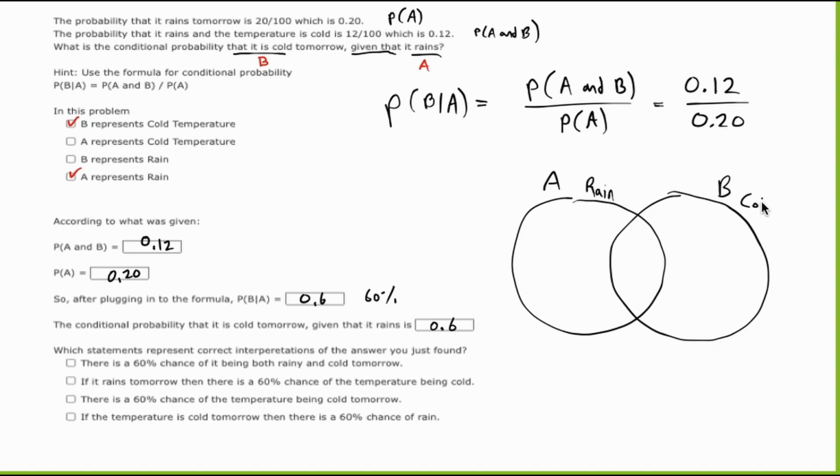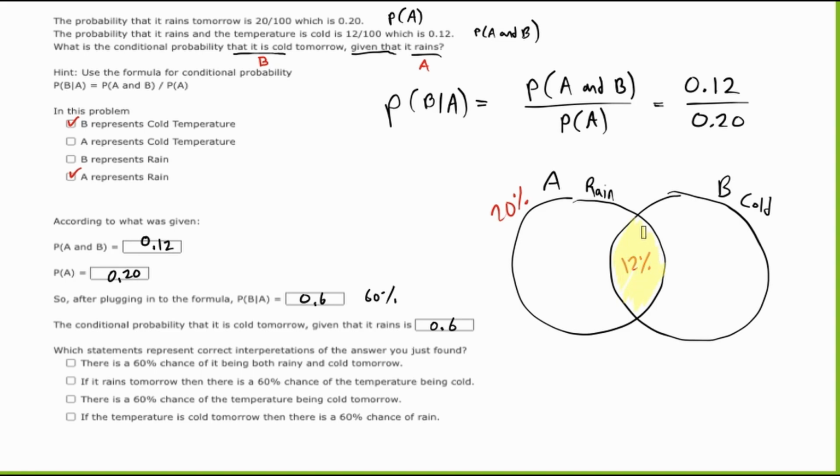B is cold. Now they said that there was a 20% chance of rain. They said it was a 12% of both them happening. And so we're trying to just divide that 12 by the 20 because that is the middle region here.